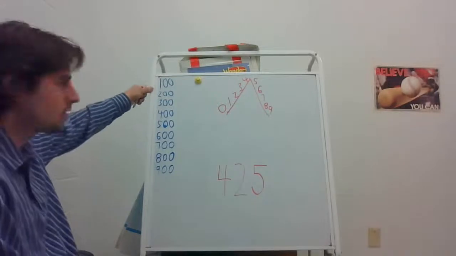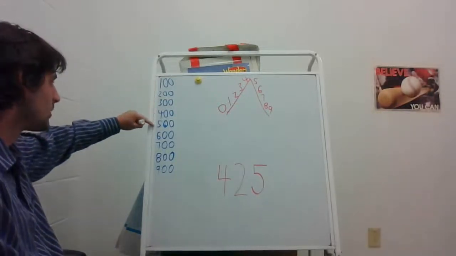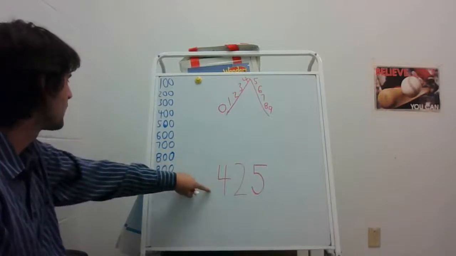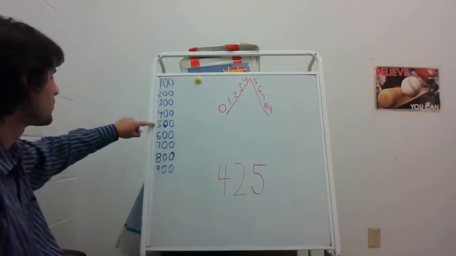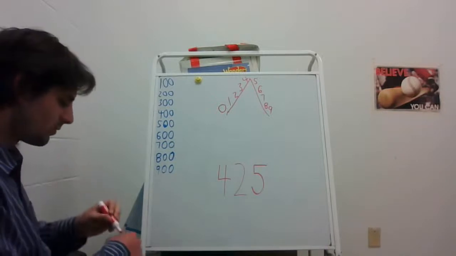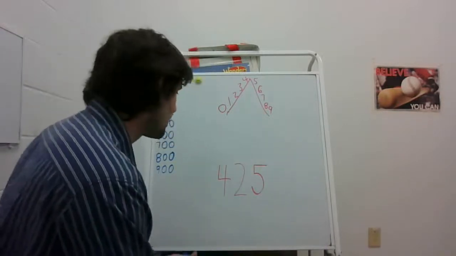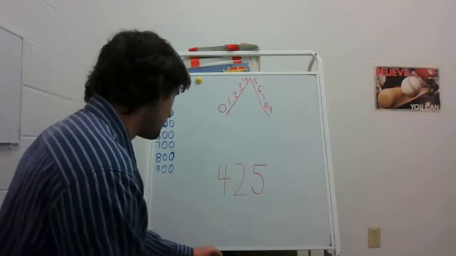I'm looking at all the hundreds now: 100, 200, 300, 400, 500, 600, 700, 800, 900. Obviously, 425 falls in between 400 and 500. Those are the two closest. So we have to decide, do we round down to 400 or up to 500?